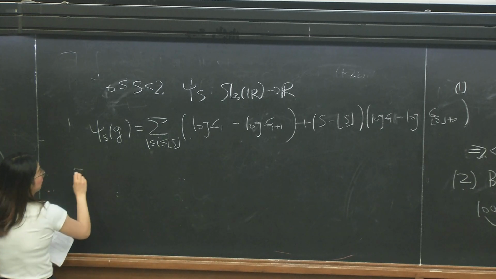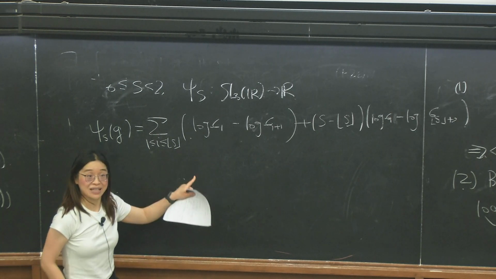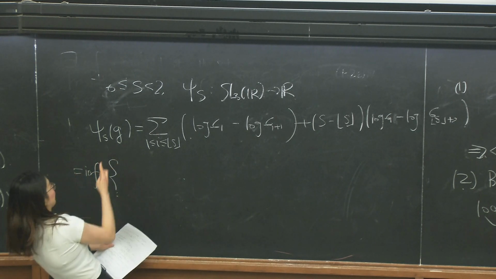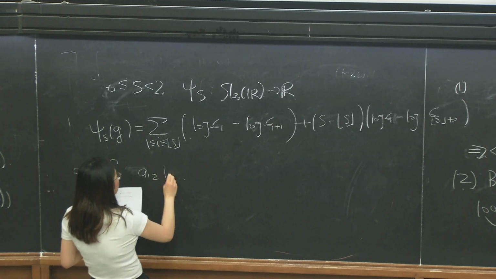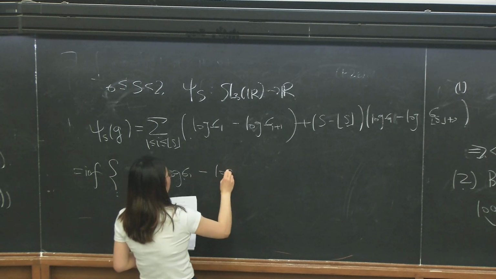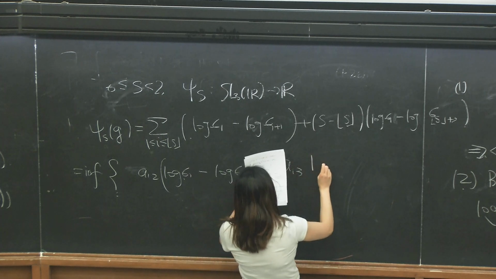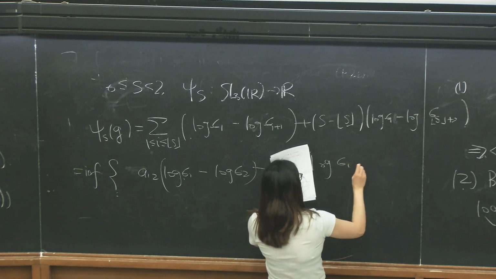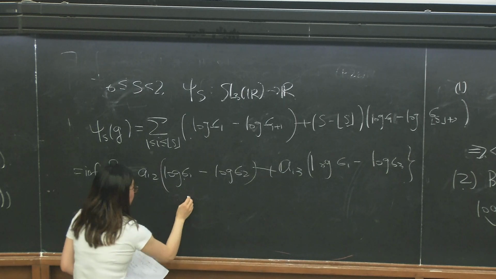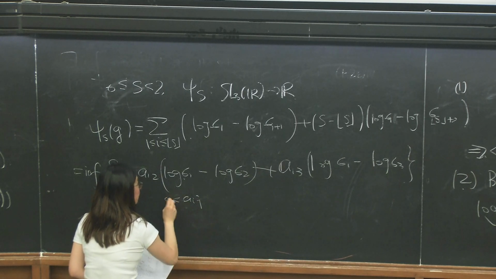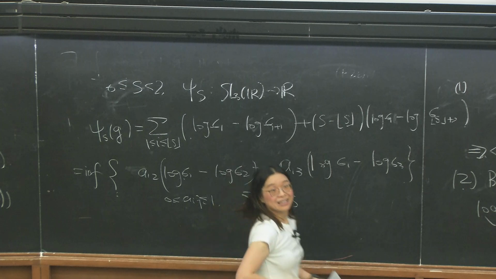Now let's do another variation of this formula. As you can see, this is a linear combination. I can write a linear combination, say A1,2 times log sigma 1 minus log sigma 2, plus A1,3 times log sigma 1 minus log sigma 3, with the Aij between 0 and 1, and the sum of the Aij equal to s.